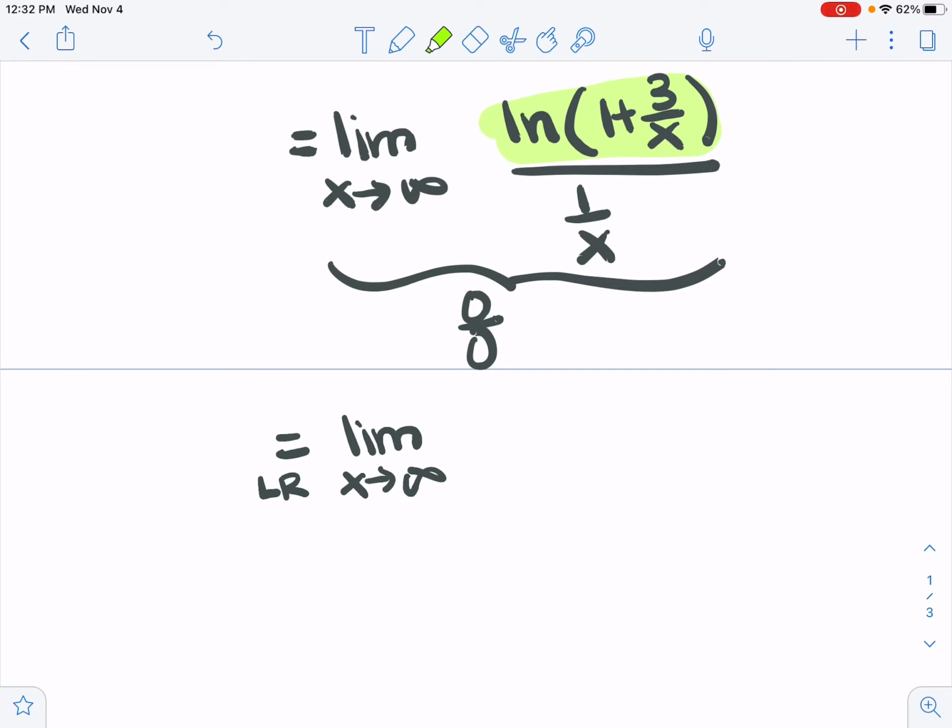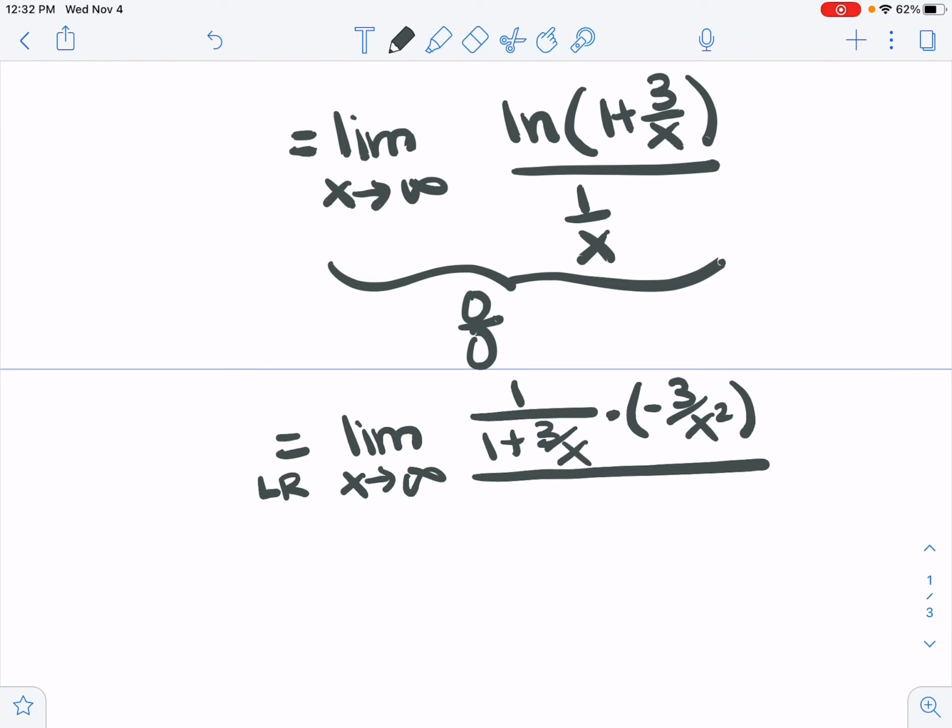It's going to be a chain rule. So the derivative of this is going to look like 1 over 1 plus 3 over x, times the derivative of 1 plus 3 over x, which is negative 3 over x squared, divided by the derivative of 1 over x, which is minus 1 over x squared.